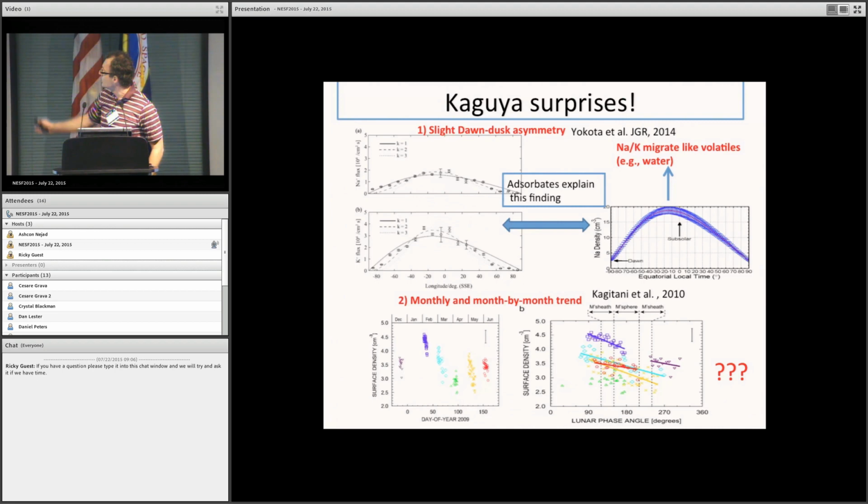The main conclusion from this work is that sodium and potassium, with this signature, clearly migrate like volatiles, like water. Once you account for your adsorbates, they start moving towards the poles. So sodium and potassium can be used as trace species for other volatiles.